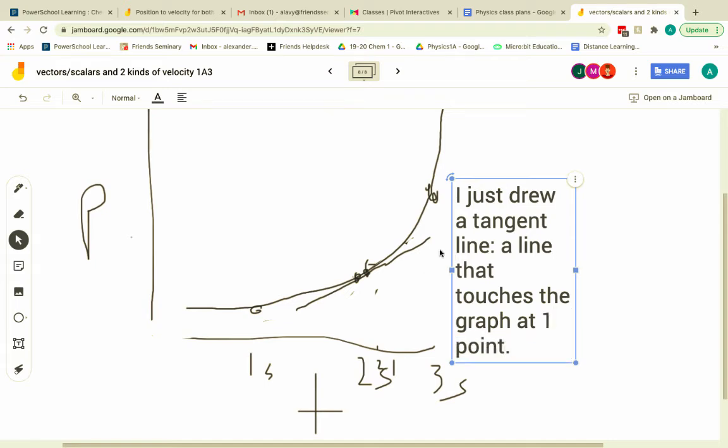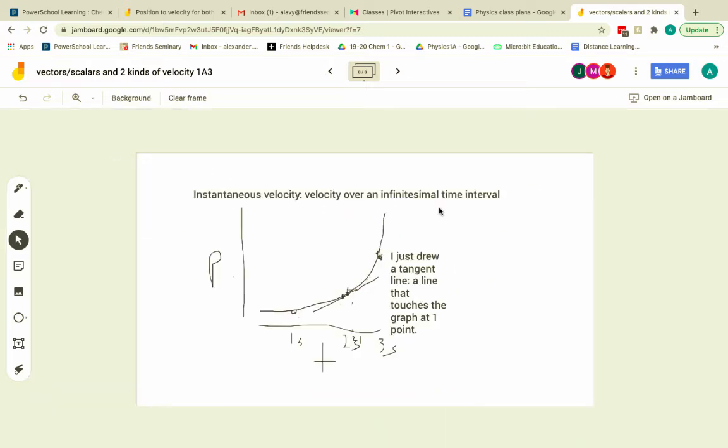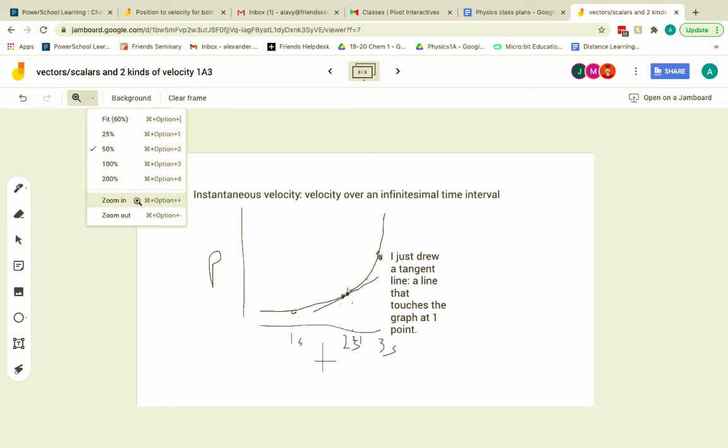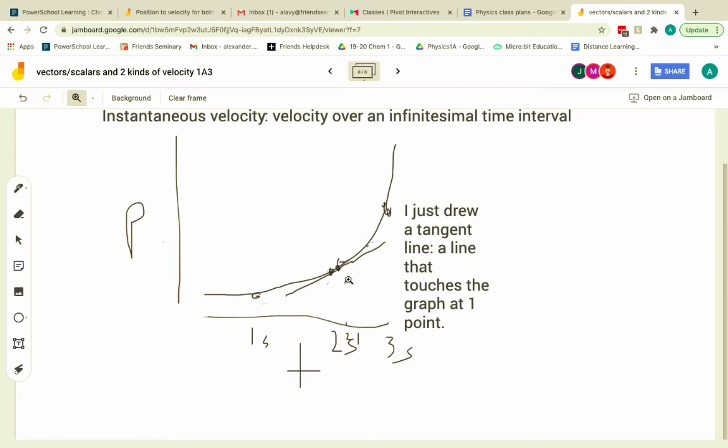Now, because I said it was 2 points, but imagine those 2 points were super duper close together. Imagine they were, going back to my definition, infinitesimally close together because I looked over an infinitesimal time. So if I did that, then those 2 points would really be 1. And then I could figure out the slope of that tangent line.